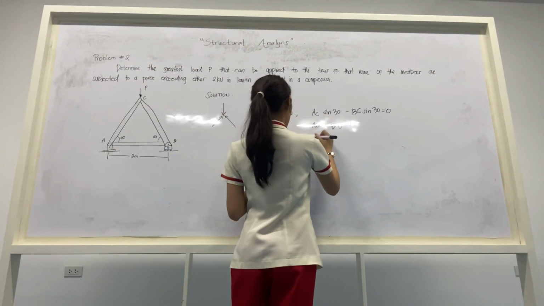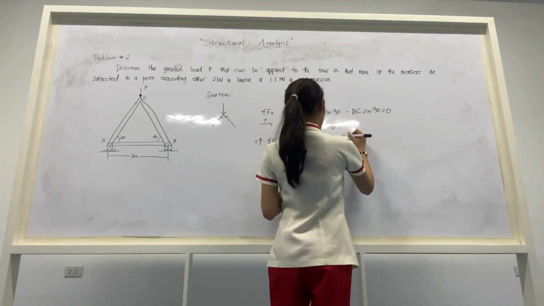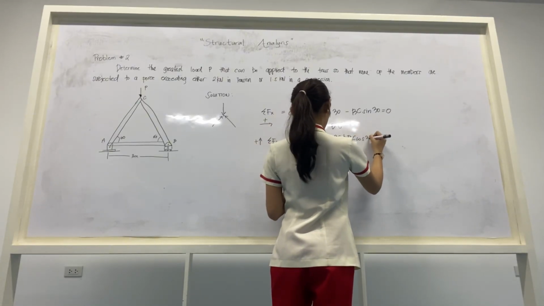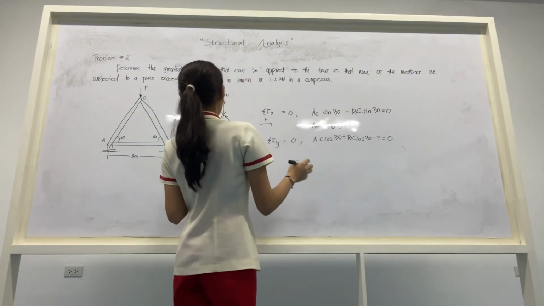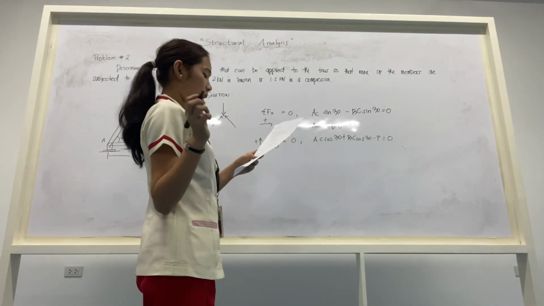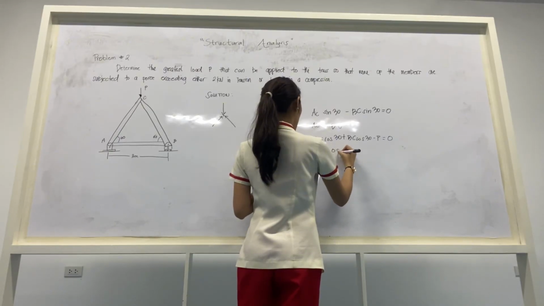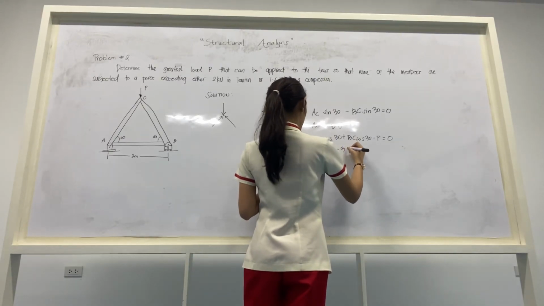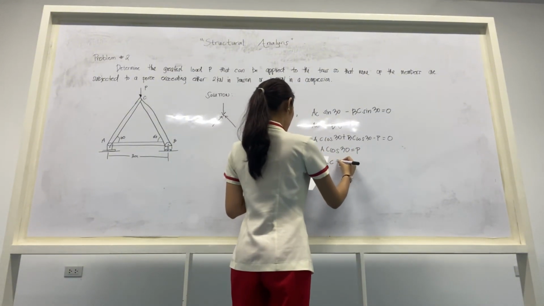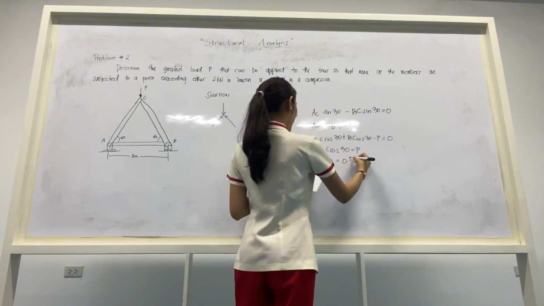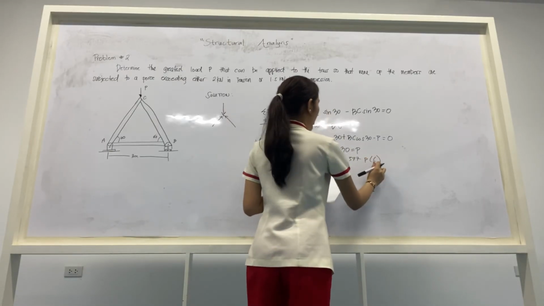So we have AC cos 30 plus BC cos 30 minus P is equal to 0. Since 2 kN tension is given in our problem, we have to put here 2 AC cos 30 is equal to P. Then our AC is equal to 0.577 P, and we have here compression.